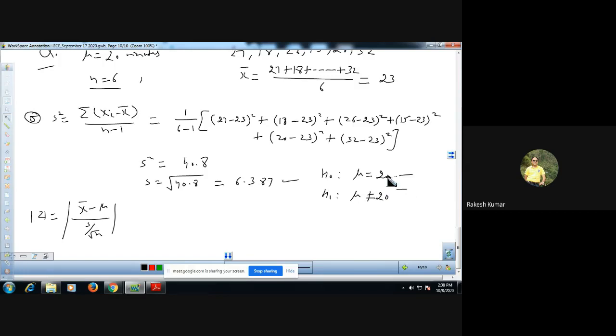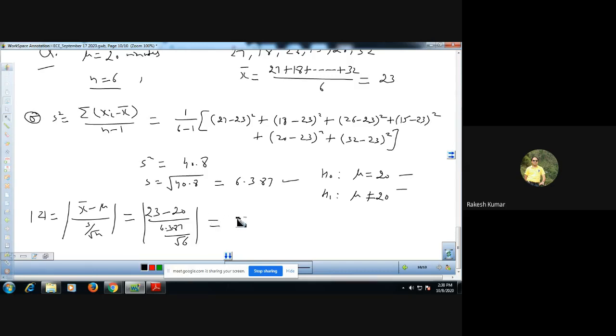And what is 20? 20 minutes. It is the time taken by the ambulance for taking the patient to the hospital after making a call to the company. So you can substitute the values, and that is (23 - 20) upon 6.387, divided by square root of n, and n comes out to be 6.